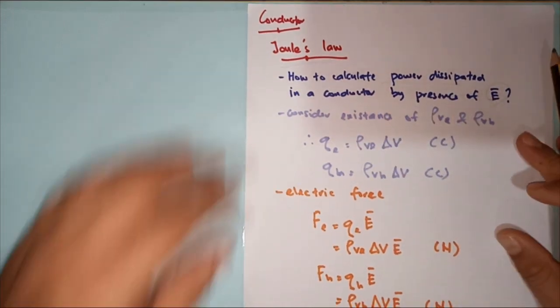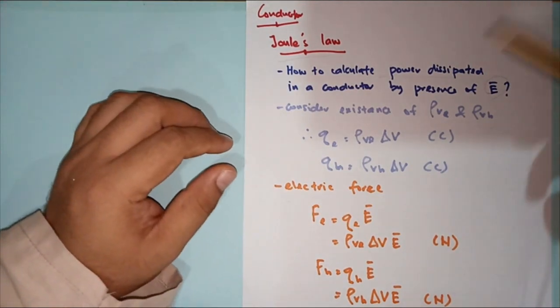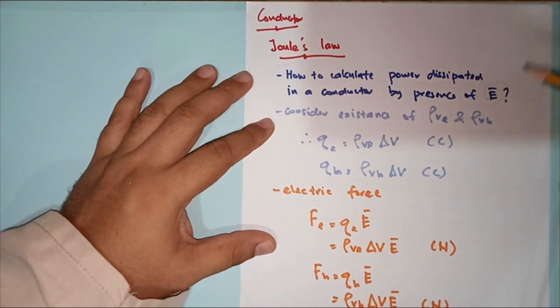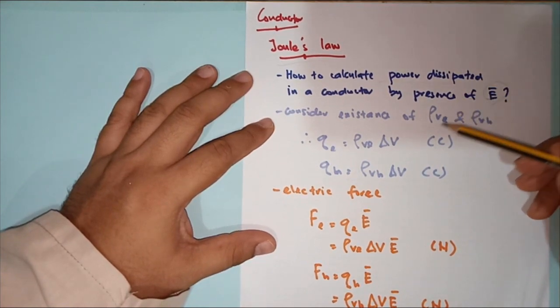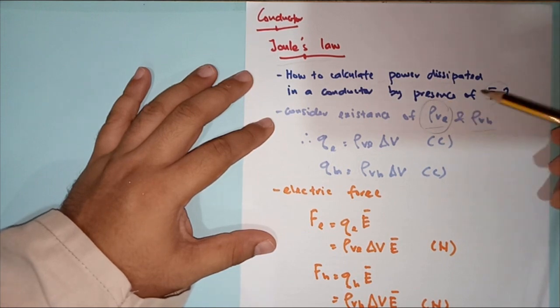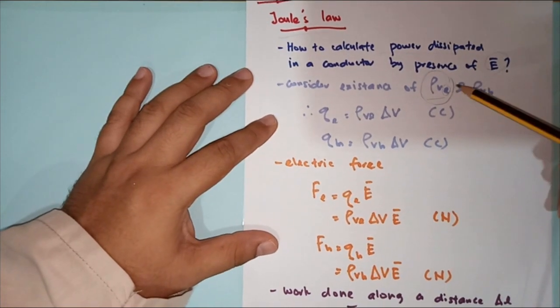Alright, let's consider that in our conductor we have electrons and holes, which are represented by their density values, where rho VE represents the volume charge density for the electron, and rho VH represents the volume charge density of the hole.